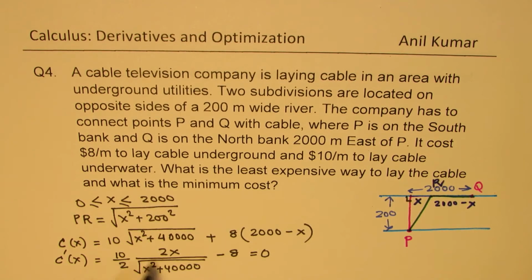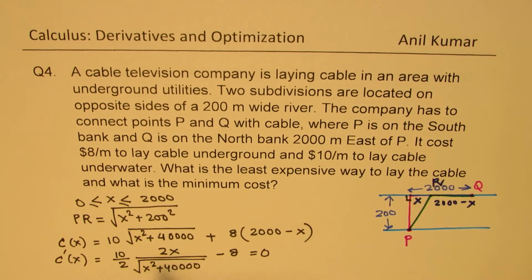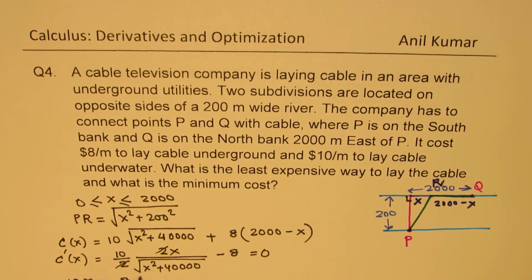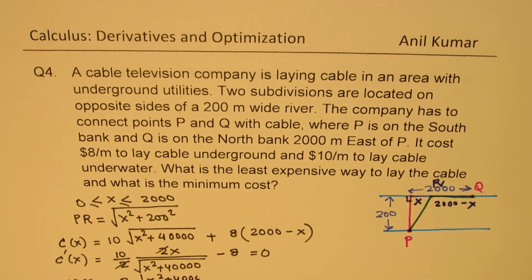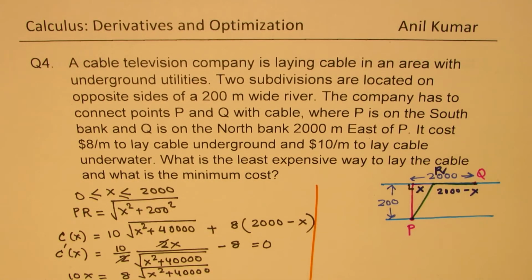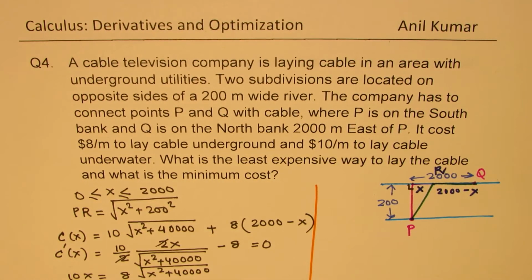So that is 5 times 2 is 10. Okay, so this 2 and 2 cancel. Let's do it like this. So what we get here is 10x equals 8 times the square root of x squared plus 400, right? Okay, let's solve it further. So we can square both sides.